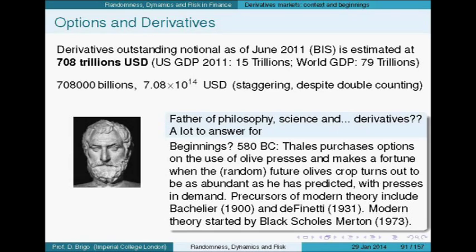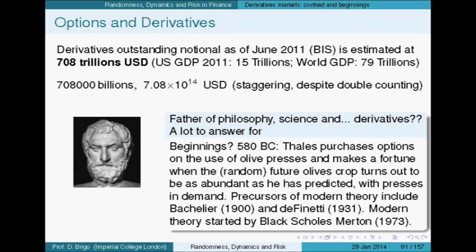The future olive crop is of course random, but he made an assessment and bought the rights to use the olive presses. When people needed the olive presses in the future, they would have to pay him a given amount. And he made a lot of money like that. So this is a philosopher, scientist, entrepreneur. It looks like a fantastic figure in many respects.